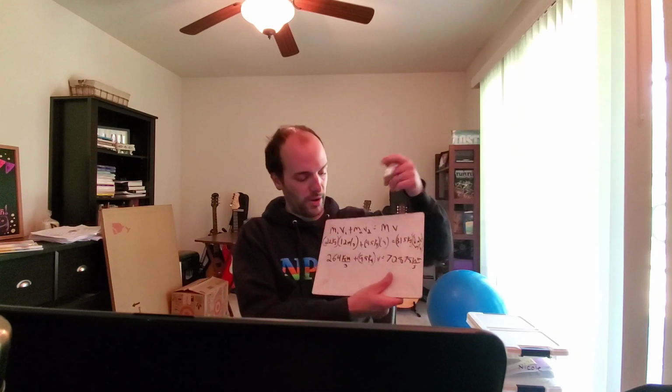I want to solve for my V. So I'm going to subtract my 264 from both sides, so I can leave this by itself. I'll end up with 9.5 kilograms times V equals 70.875 kilogram meters per second minus 264 kilogram meters per second.